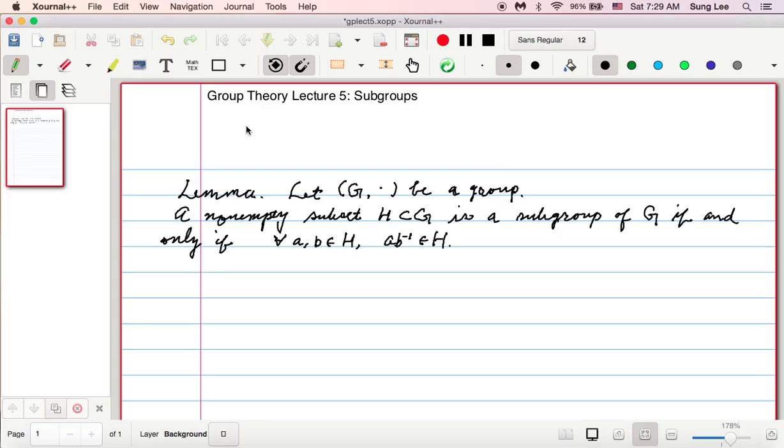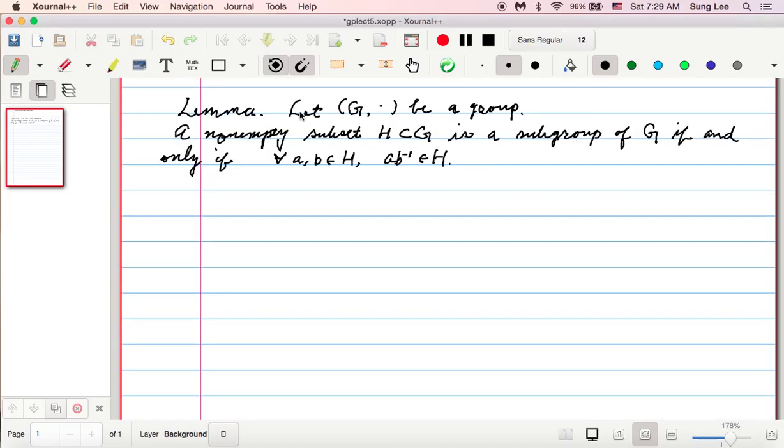Okay, so as usual, I'm going to use a different color for the proof. Okay, so let's let, so first this part of the proof.